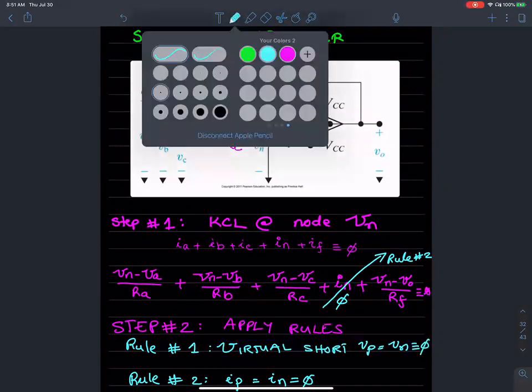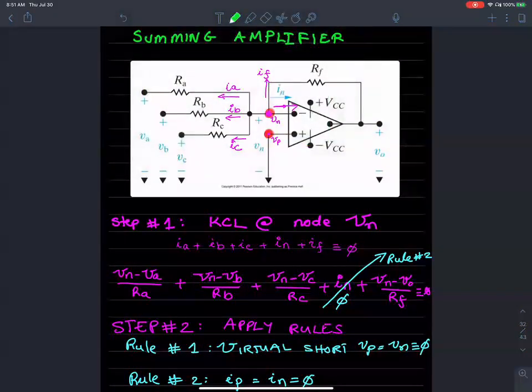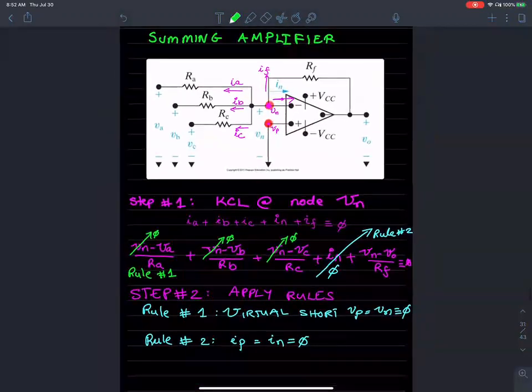So if I apply that in this equation above, Vn goes to 0. This Vn goes to 0. And this Vn goes to 0. All because of rule number 1. Rule number 1 tells me that Vn really tracks Vp, which is tied to ground.